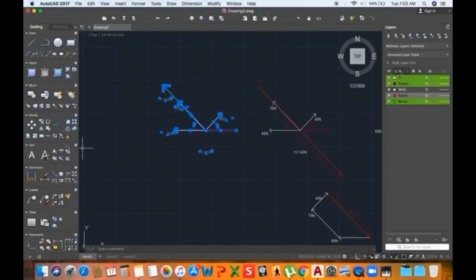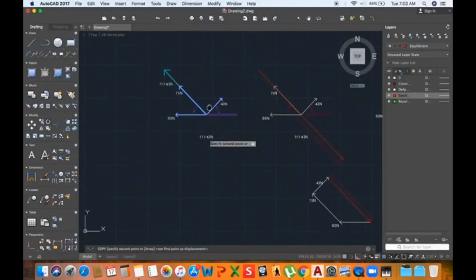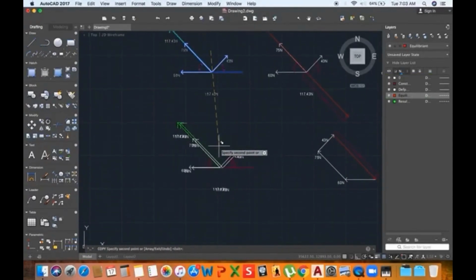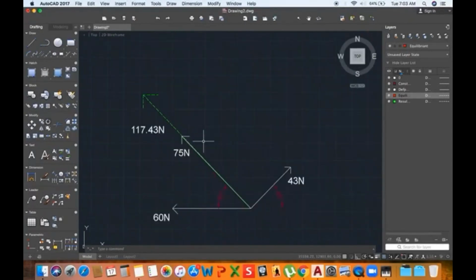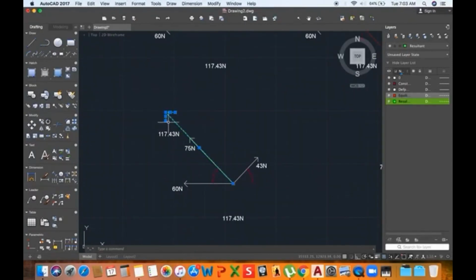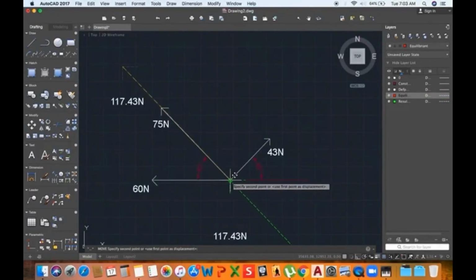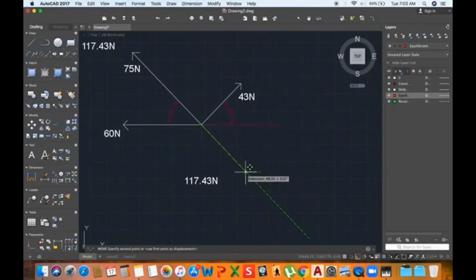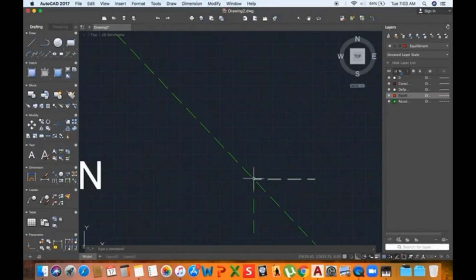Let me copy this drawing again to show you how you can illustrate it. All I will do is take this force, move it, put it in the opposite direction, and move the arrow. So I'm going to place the arrow somewhere about here.